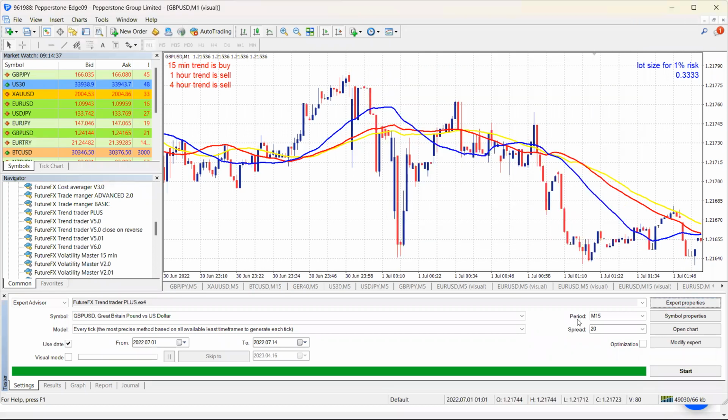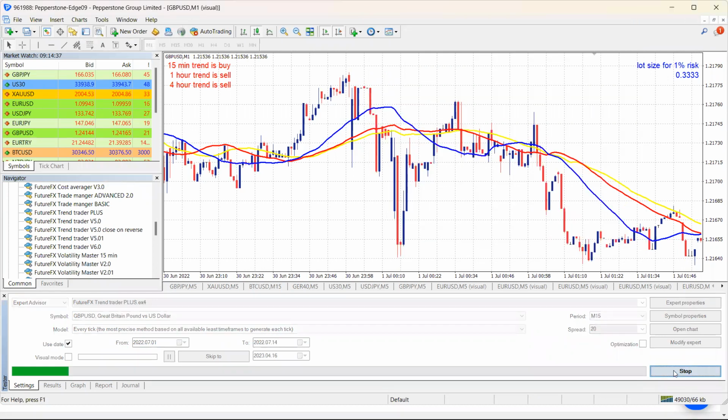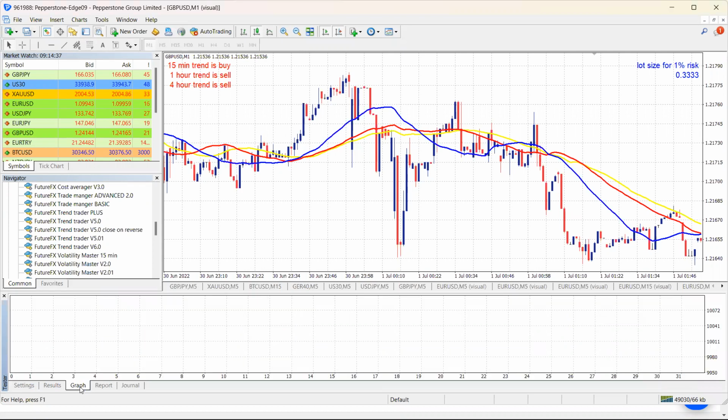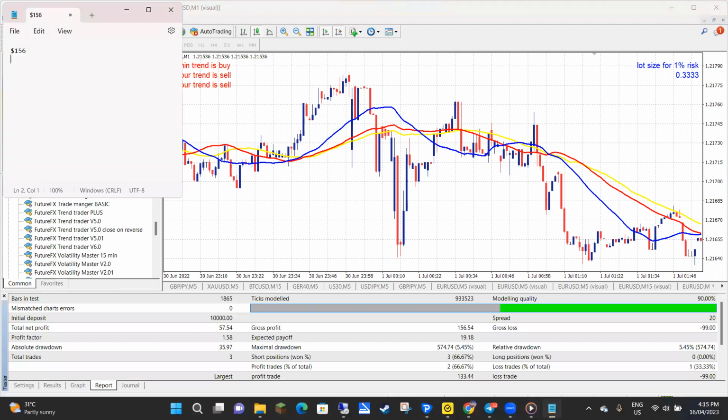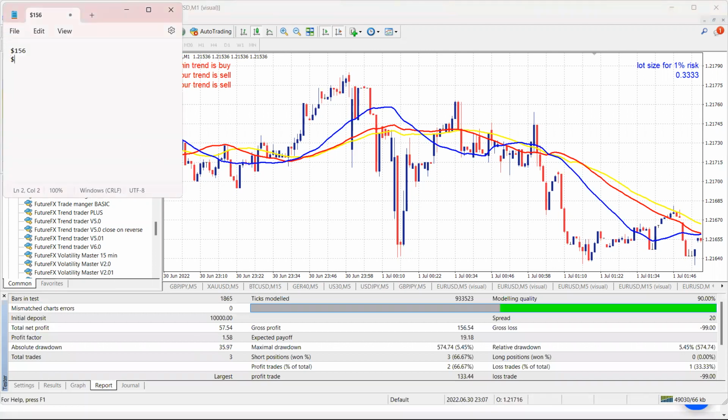So let's just see what the new version of the software would do in the same period. Report. $57. Okay, so it made less. It made $57. So it made $100 less.